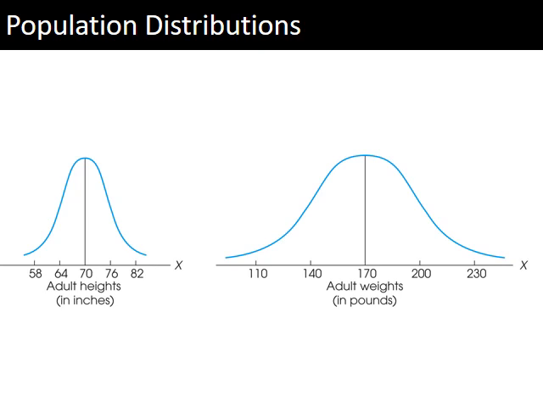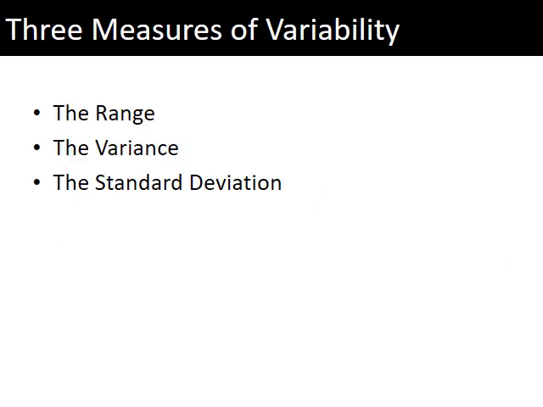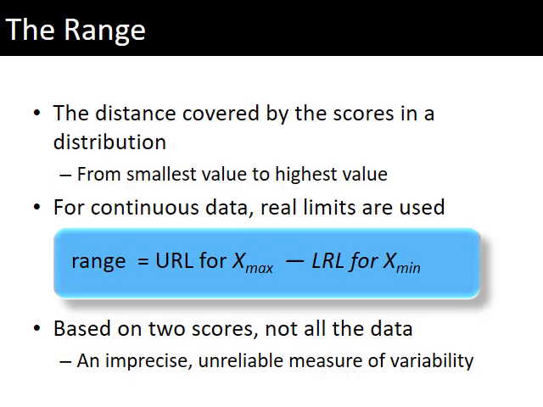We've got a sample of data and we want to understand, does this sample represent the population at large? And so we look at variability to help us ascertain whether it does or not. Okay, and there are 3 measures of variability we're going to discuss today. We'll talk about the range, we'll talk about the variance, and we'll talk about the standard deviation.